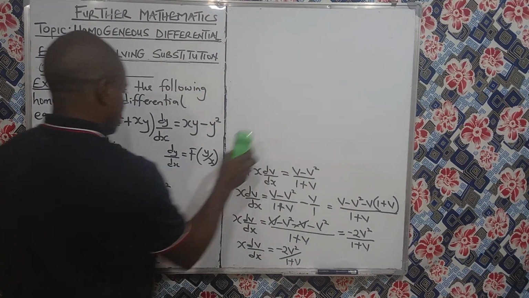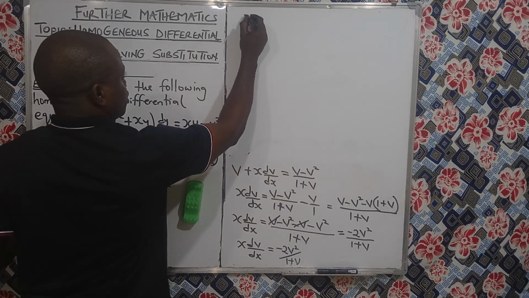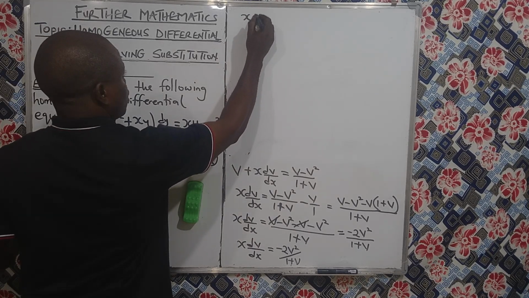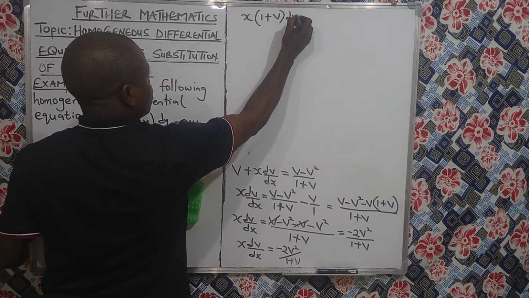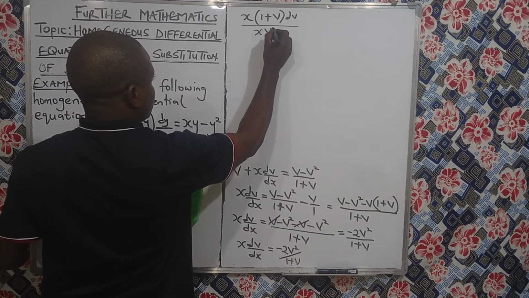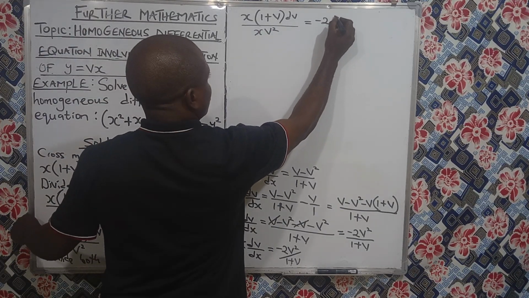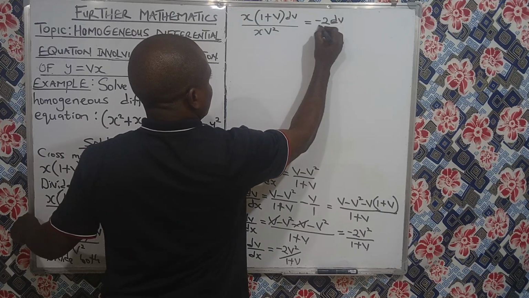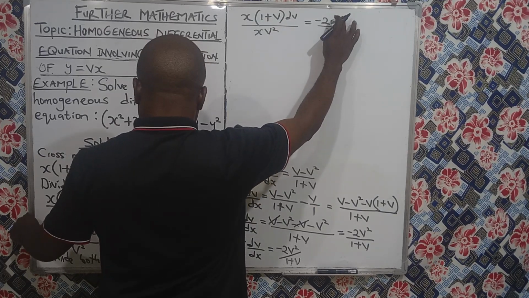Doing that, you now have x times (1 plus v) dv divided by x v squared equals minus 2 dx over x.